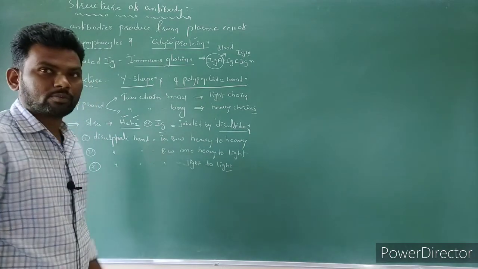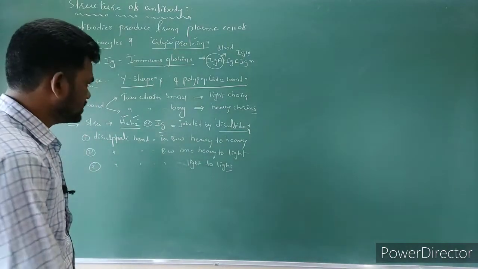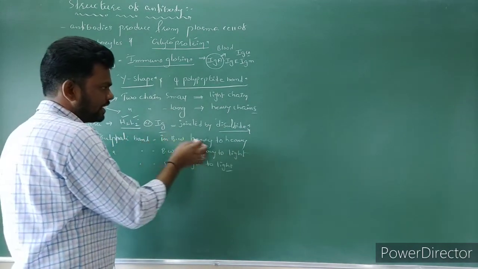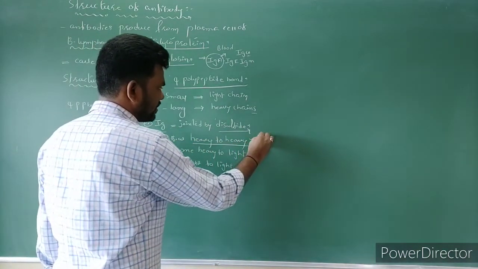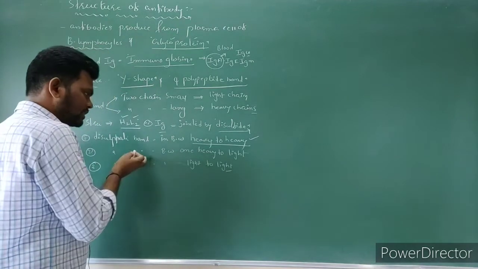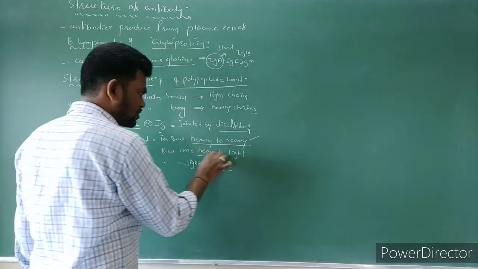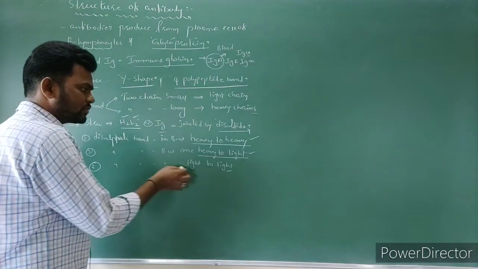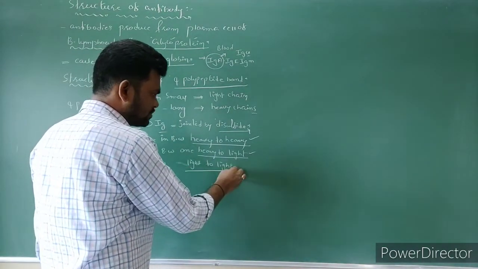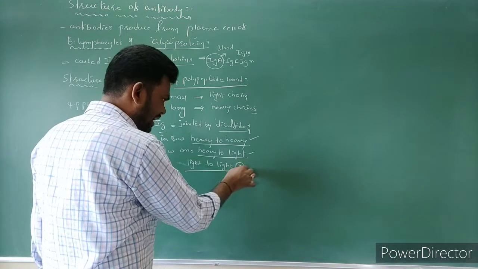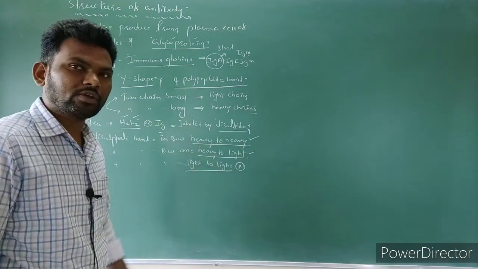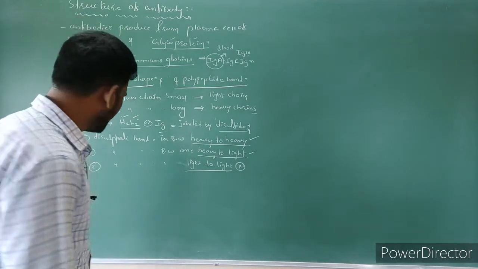Which statements are true? Disulfide bonds between heavy to heavy strand are correct. Between one heavy strand to one light strand is also correct. But these disulfide bonds are not present between light strand and light strand.